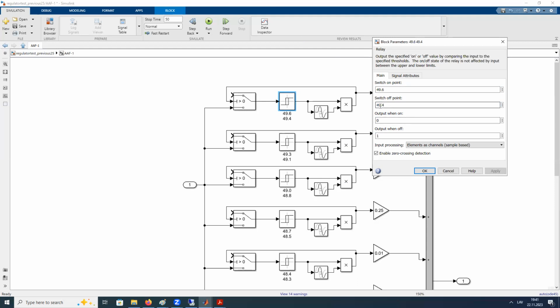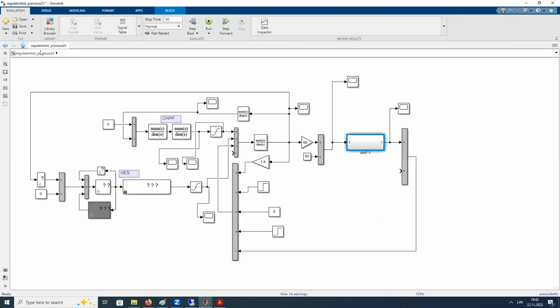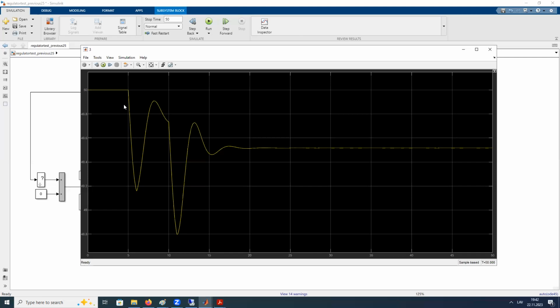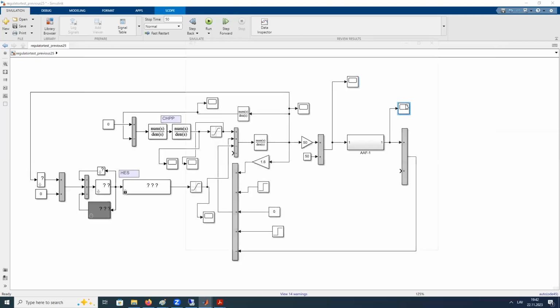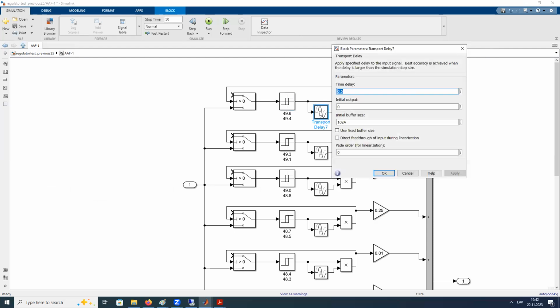This one, I think, represents the start frequency. Let's see, to be correct. Here we got the frequency. It started at 49.2. We have a time delay. What is the time delay?